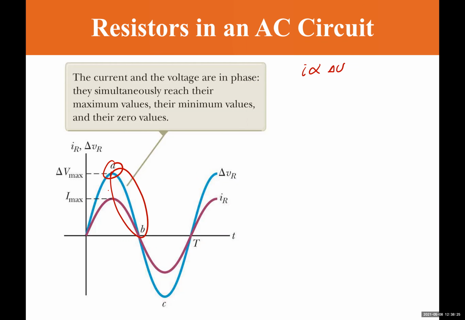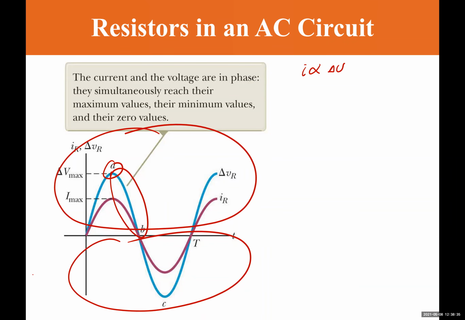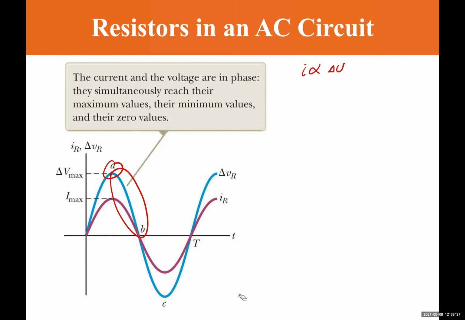All right, so between points A and B, for this segment, you can see the current decreasing in magnitude and the voltage decreasing in magnitude, but both are still positive, because remember, this is the positive domain and this is the negative domain. As long as it's above the t axis, everything is positive, even though it decreases. Obviously, at point B, voltage and current are zero.